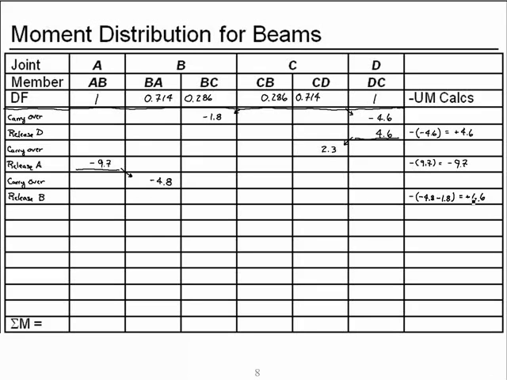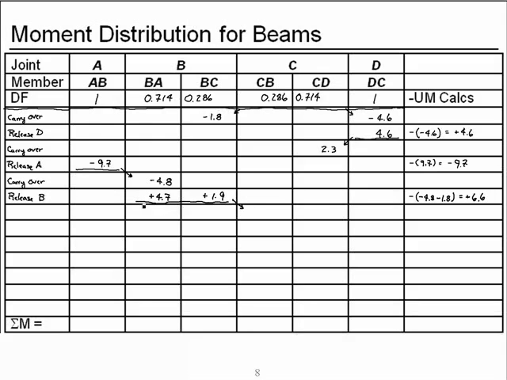We'll take 0.714 as the component that gets distributed to member BA, and that's a positive 4.7 foot kips. The 0.286 times the quantity we must distribute is a positive 1.9 foot kips, and that brings node B back into equilibrium.